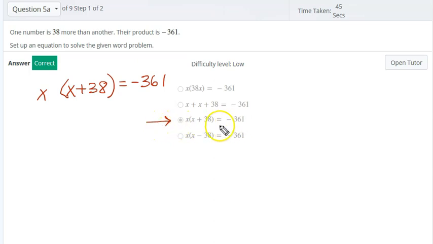So that is this item. And then the equation you get out of it is x squared plus 38x as you do the distribution, and then you transpose this, plus 361 equals 0.